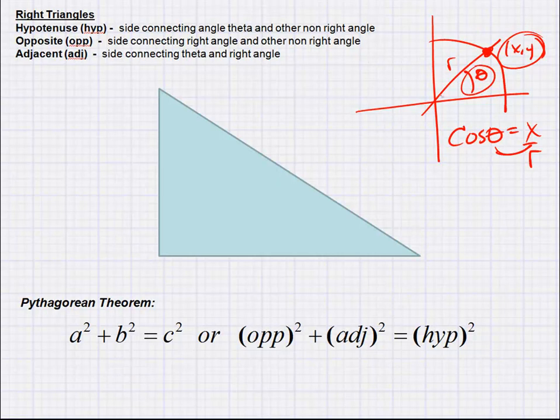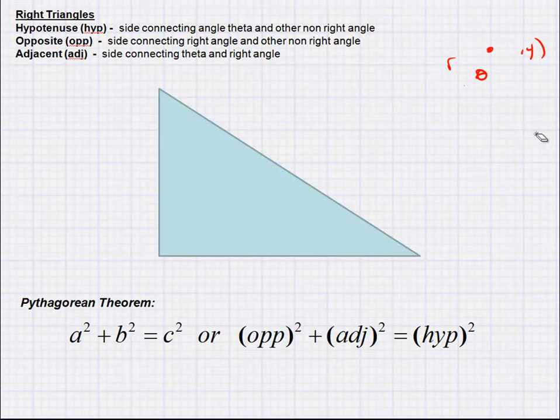Sine is relating y over r to theta, etc. The right triangle approach is we're not going to be relating points to angles, but sides of the triangle to angles. So it's just a different way of thinking about things, but in the long run, it's a lot of the same stuff.